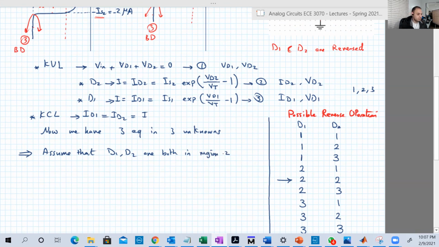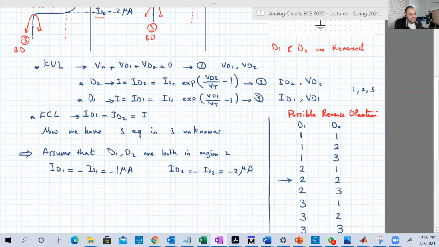Okay, I'm going to work with this assumption and see what kind of destination we go to. If we assume that diode 1 is in region 2, ID1 is for sure equal to minus IS1, which is 1 microampere. If diode 2 is in region 2, ID2 is equal to minus IS2, equal to minus 2 microamperes.